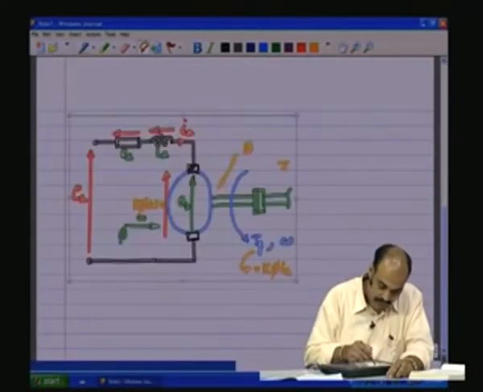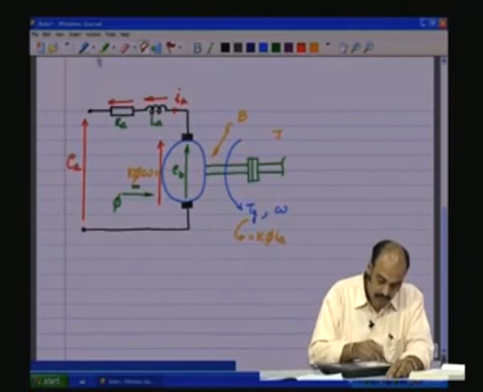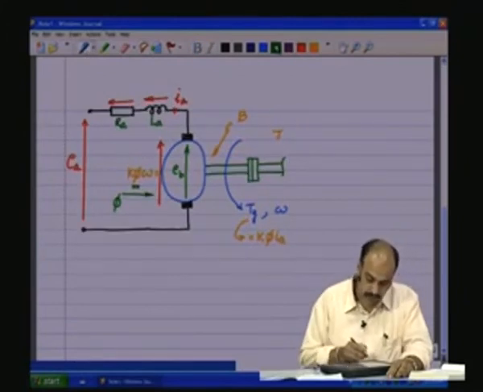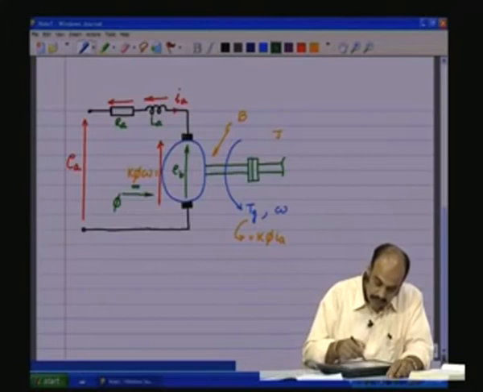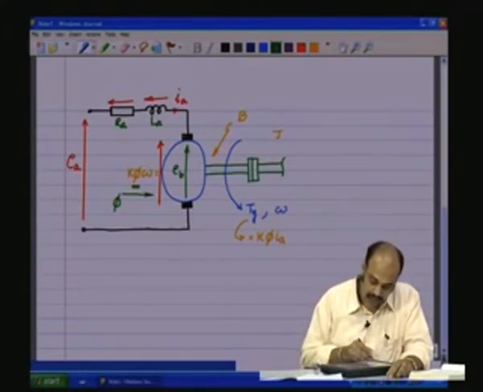Now, on the mechanical side there is a generated torque Tg.